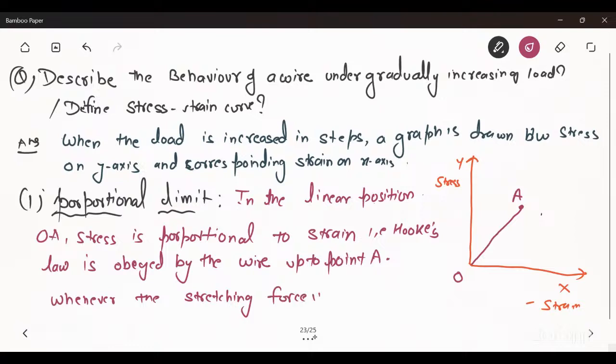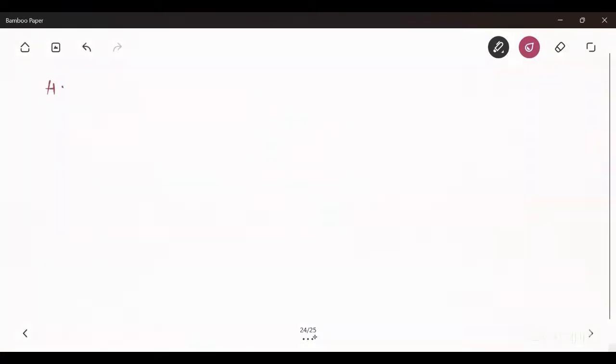Whenever the stretching force is removed, the wire regains its original length. So A is called the proportional limit.